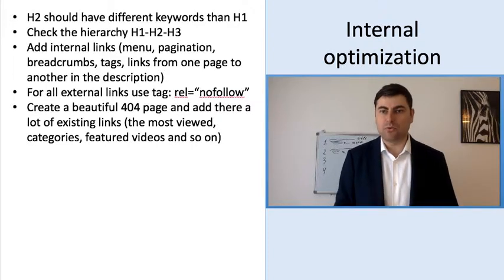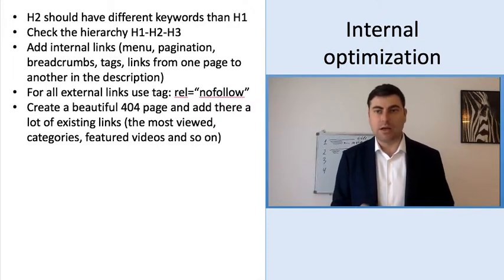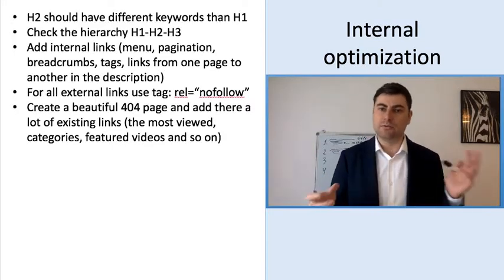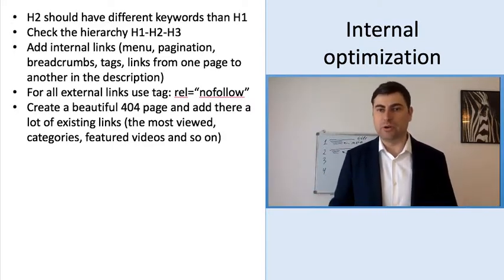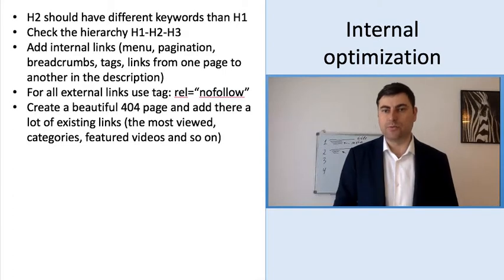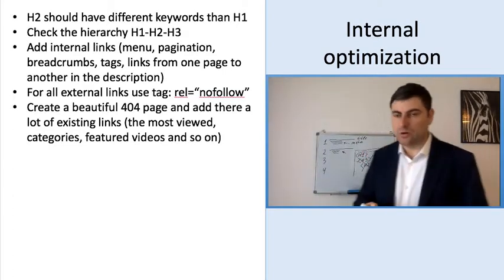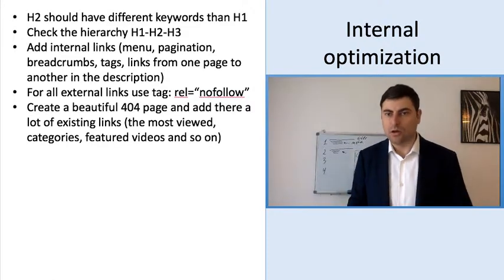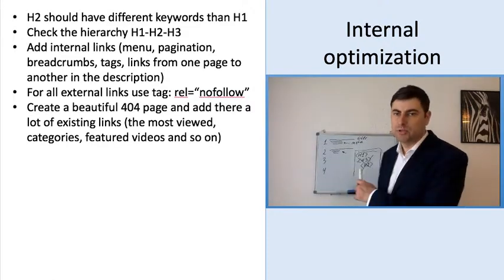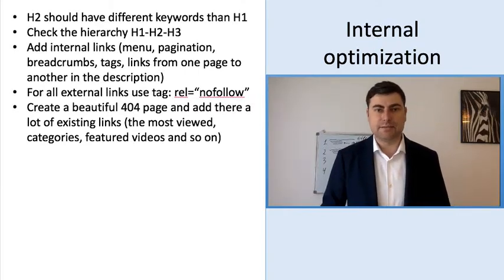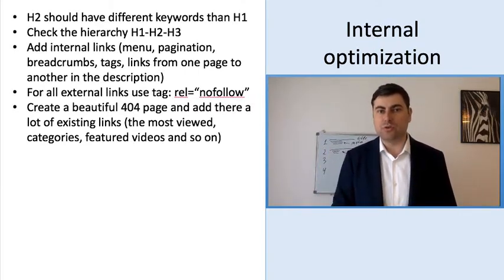Put breadcrumbs, so you can go back to the category or subcategory or to the main page very quickly at the top of the website. If you don't know what it is, just ask your programmer and he will put the breadcrumbs on your website. Tags, links from one page to another in the description.